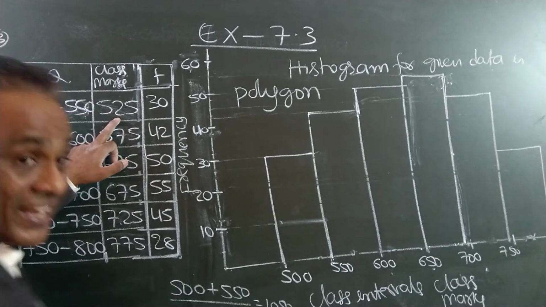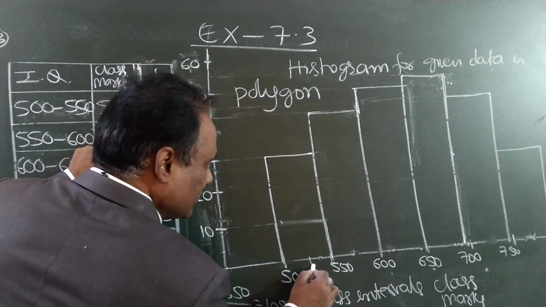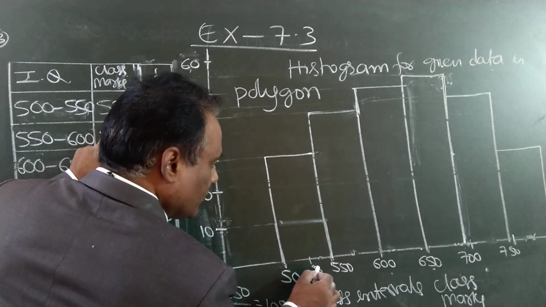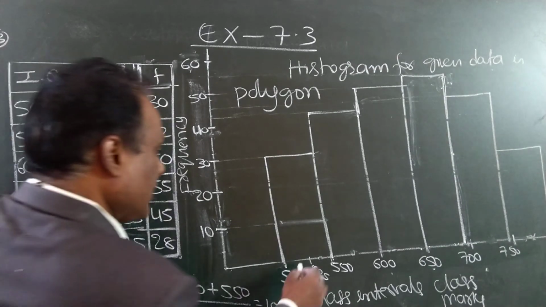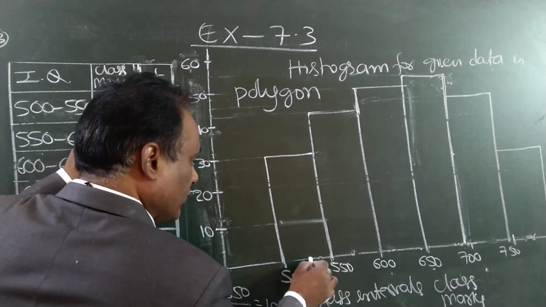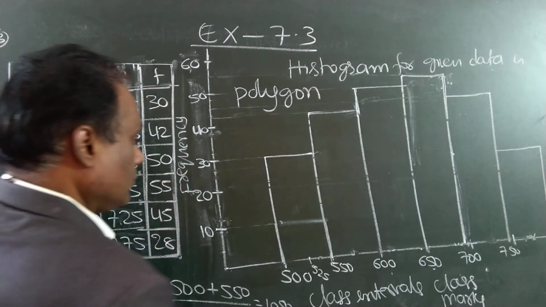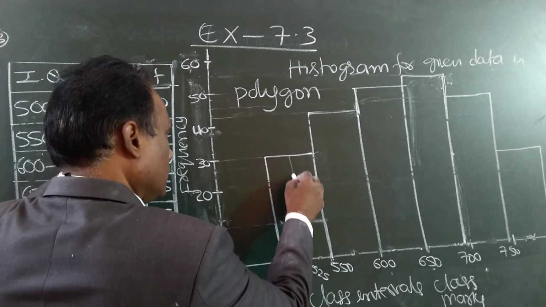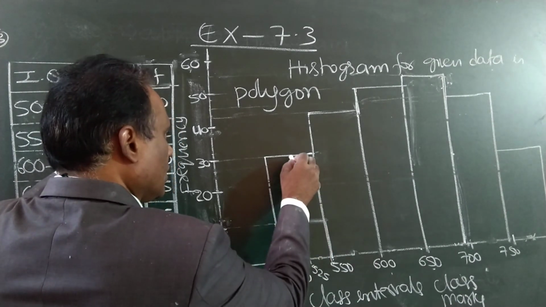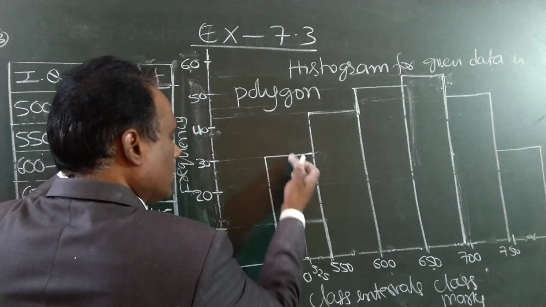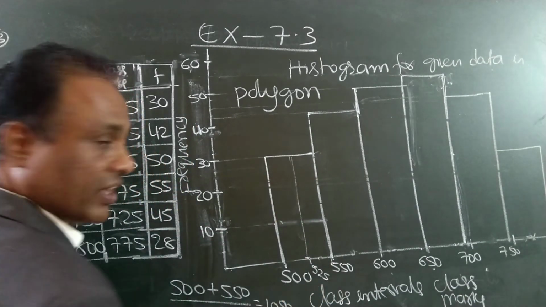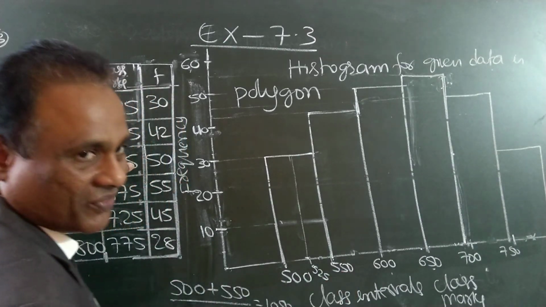What is the mid value? 525. See here, students, 525, the middle of this. 525 will be between 500 and 550, no?